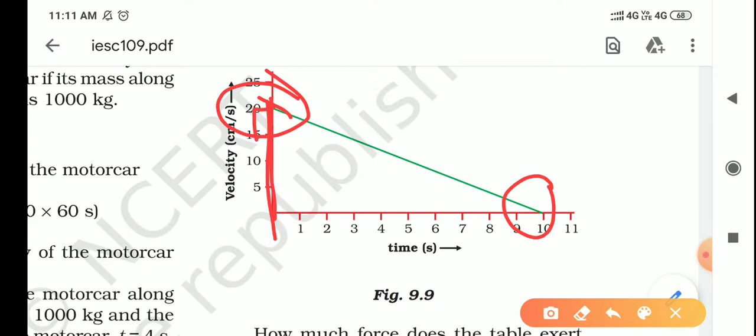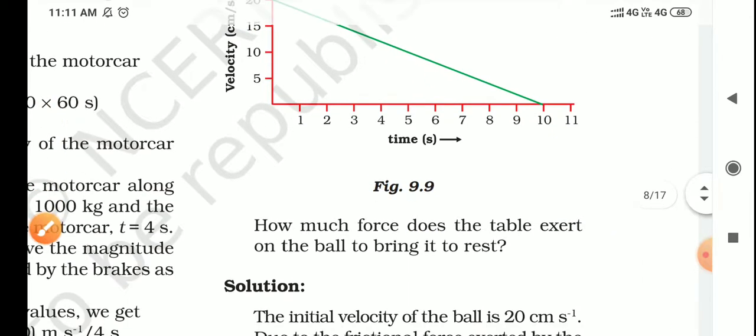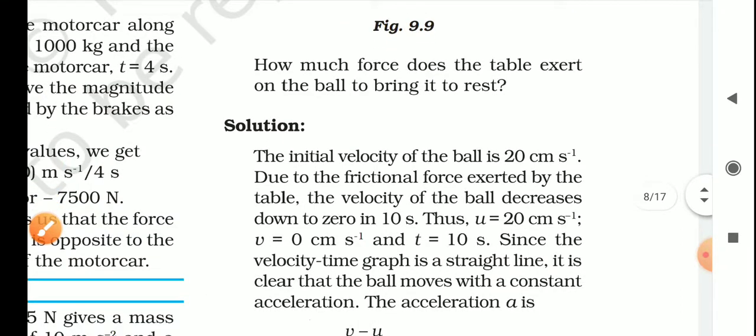So initial velocity will be 20 centimeter per second, final velocity will be 0 centimeter per second, and time will be 10 seconds.